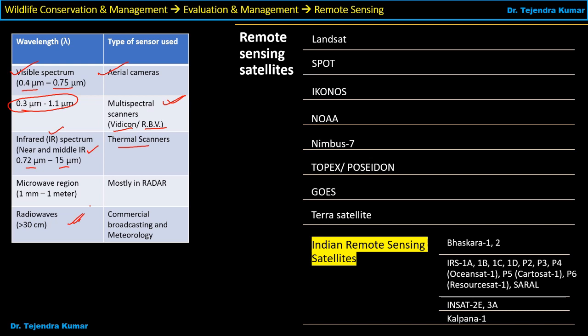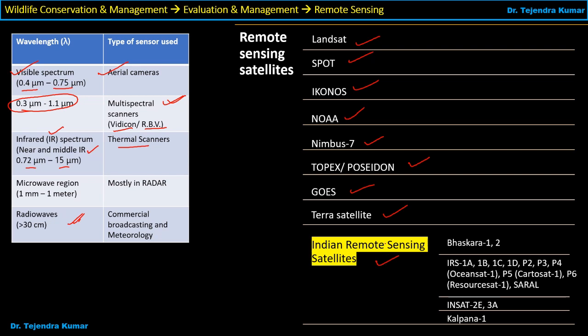Next, remote sensing satellites. As I gave you one or two examples in the previous slides as well: Landsat, Spot, Ikonos, NOAA, Nimbus 7, Topex, Poseidon, GOES, Terra satellites, and Indian remote sensing satellites.